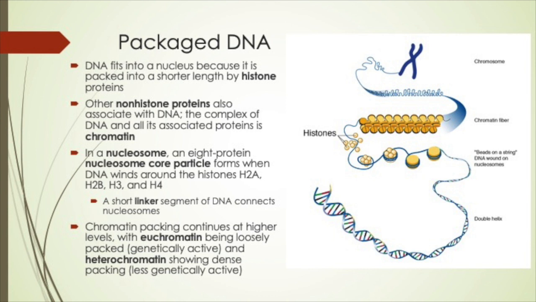So first we have DNA in its packaged form, which is chromosomes. So DNA itself is very, very long, right? Without it being packaged up within chromosomes, it would have a hard time fitting inside the cell.